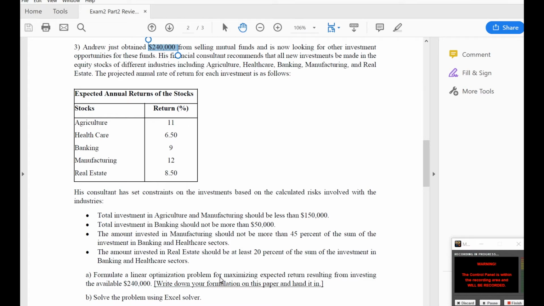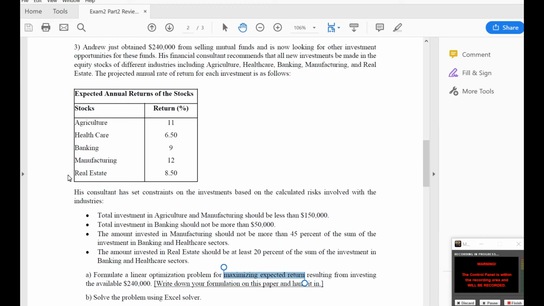And then the objective function would be, so he is looking for maximum expected return resulting from investing this whole sum of money into these different industries.